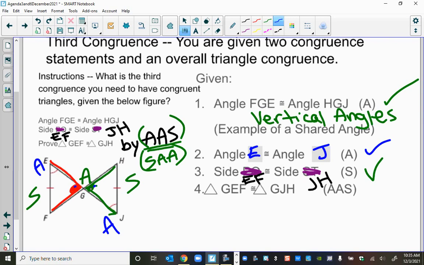So there's your A, and then we said this side was congruent to that side. That's how we get the AAS or the SAA. This was a bad example. So, did we get that last one? Did we get that last one? I just want to make sure we got it.